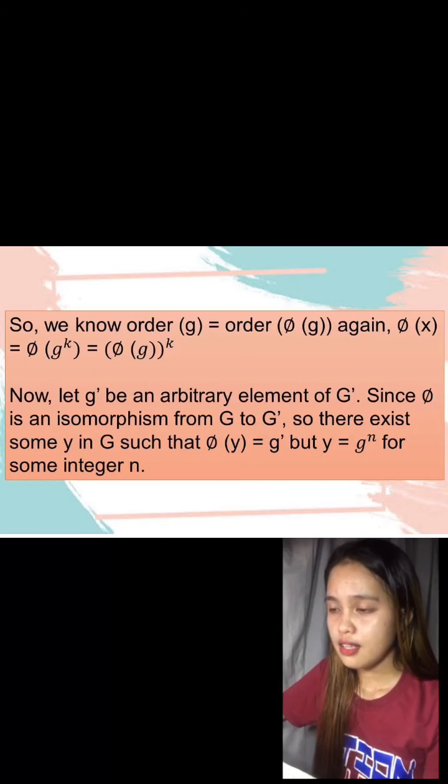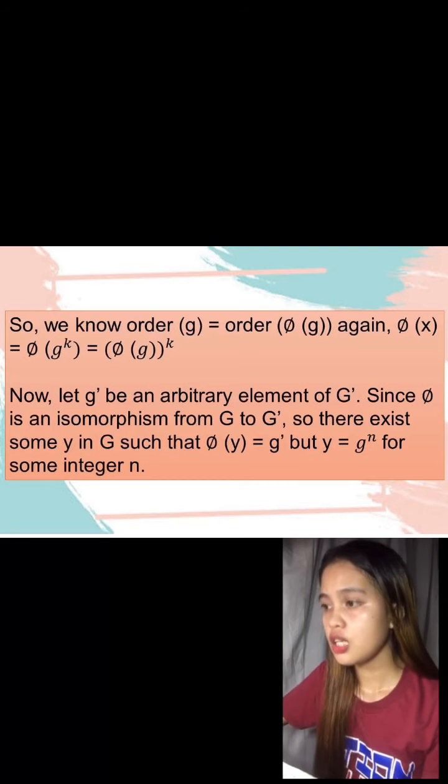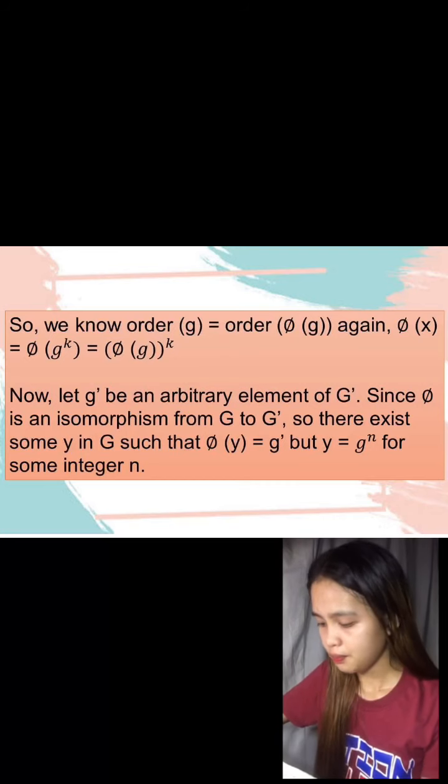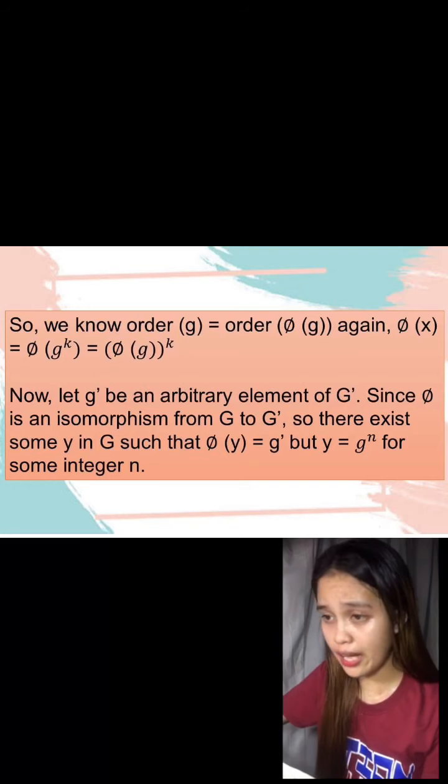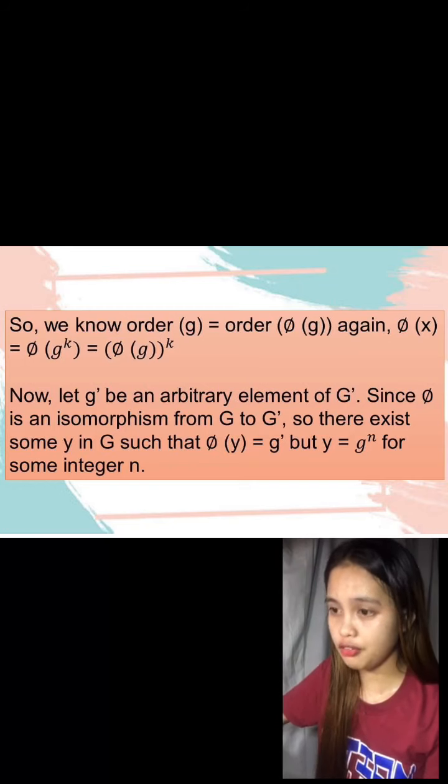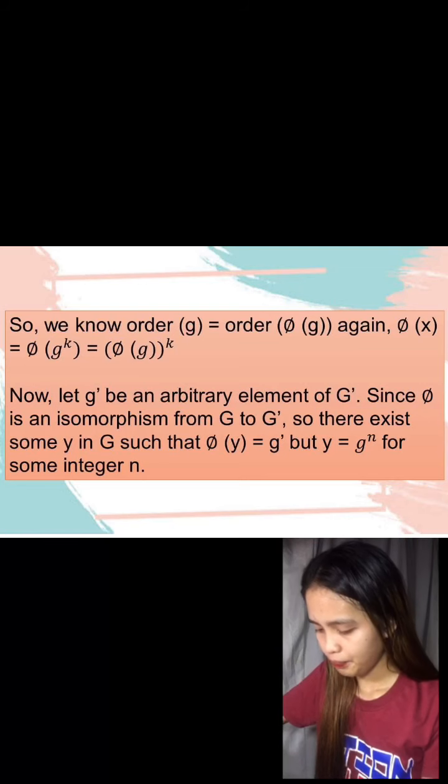Now, let g bar be an arbitrary element of G bar, since phi is an isomorphism from G to G bar. So there exists some y in G such that phi of y is equal to g bar, but y is also equal to g to the power of n for some integer n.